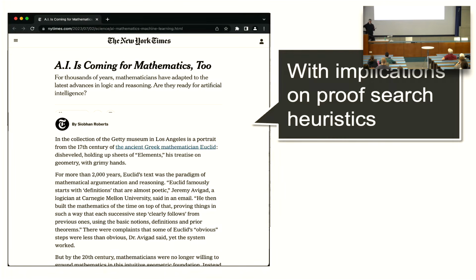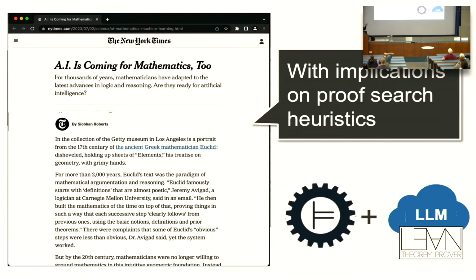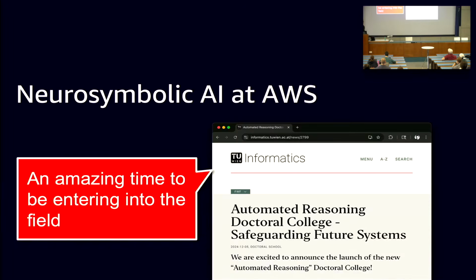But there's a new vector, a new way of solving these, that complements that. And that comes from the world of generative AI. So that's very exciting. Basically, there's a new method of formal reasoning together with a large language model that we all happen to know has a lot of Lean inside of it. Okay, so that's the two reasons why I think it's a pretty neat time to be entering the field.